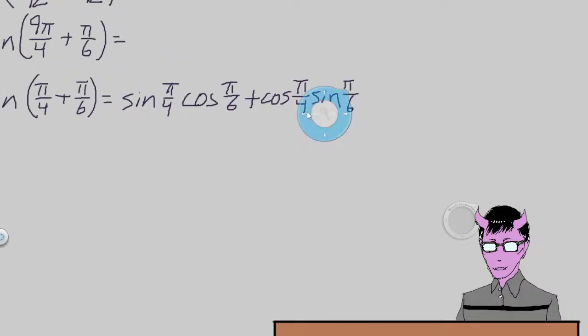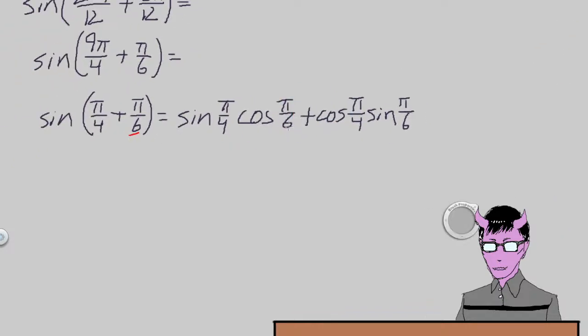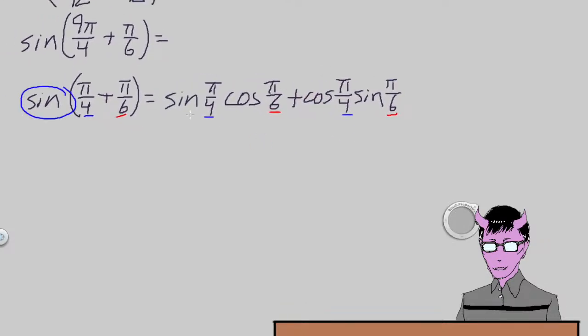So here we go. We have the similar situation, and now all we need to do is sketch out the reference triangles. But let me color code a few things just to keep things visually informative. Blue is argument number 1, and then red is argument number 2. This is a sine expansion with a plus and a plus. Okay.